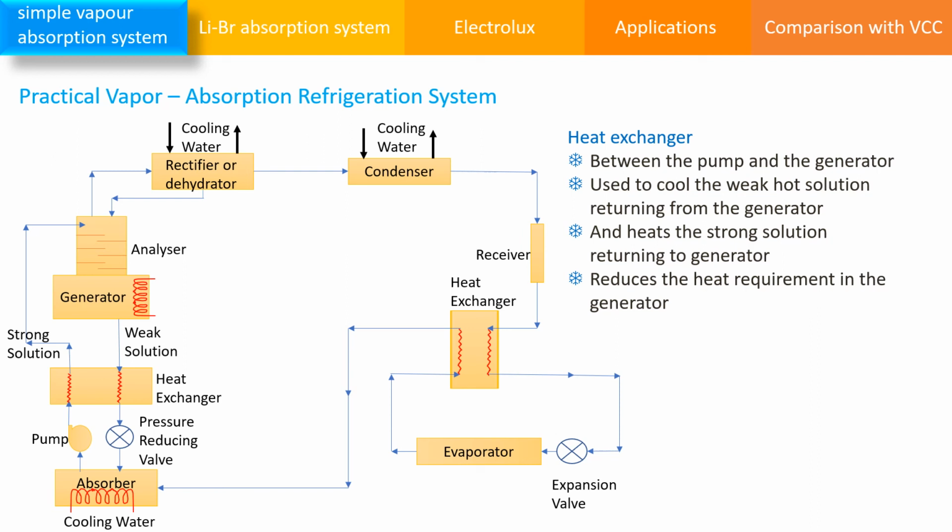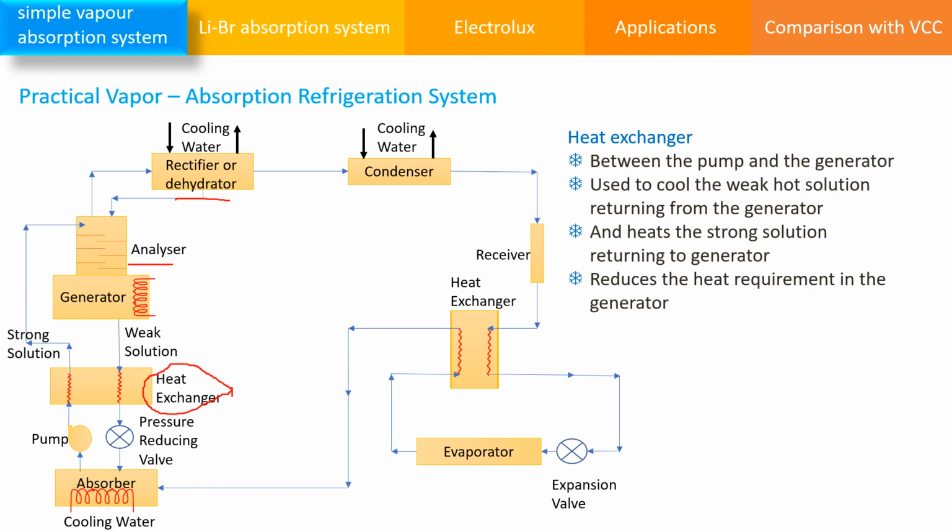So there are three essential components which are extra in a practical vapor absorption system, out of which we have seen the analyzer and rectifier, which are solely responsible for passing on the ammonia vapor to the condenser. But the heat exchanger is used for improving the performance of the overall system. It is used between the pump and the generator as seen here. This is what we are talking about, this heat exchanger.